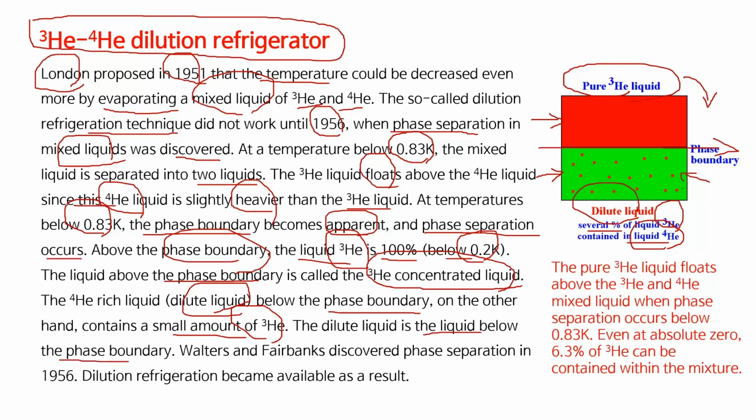Okay, so Walters and Fairbanks discovered phase separation in 1956. Dilution refrigeration became available as a result.